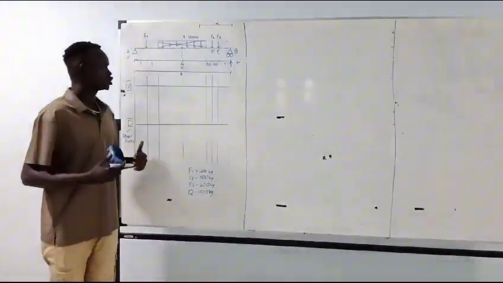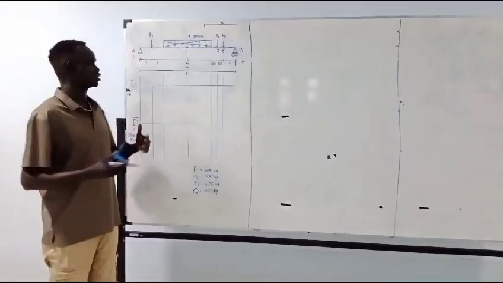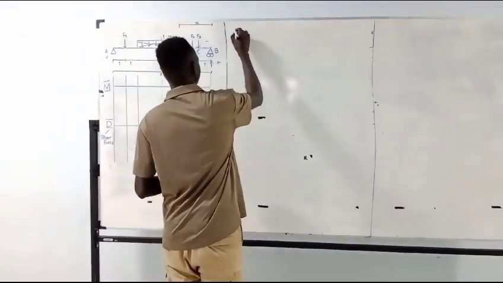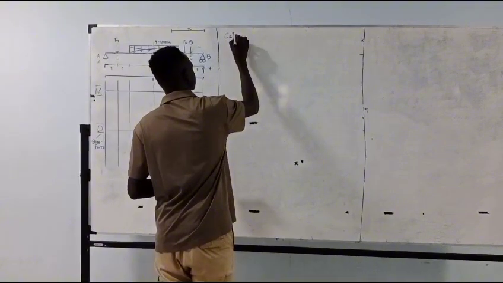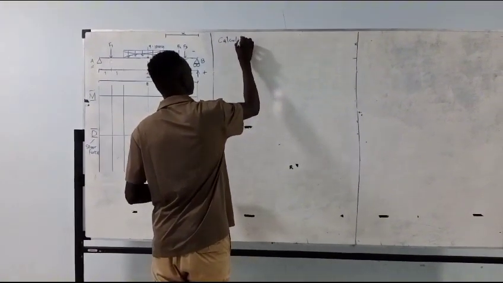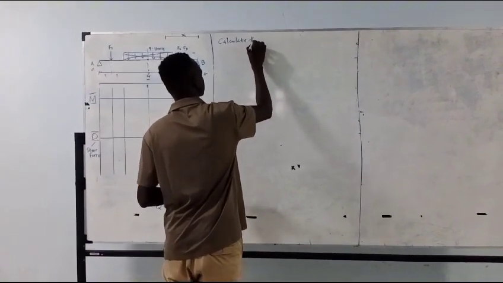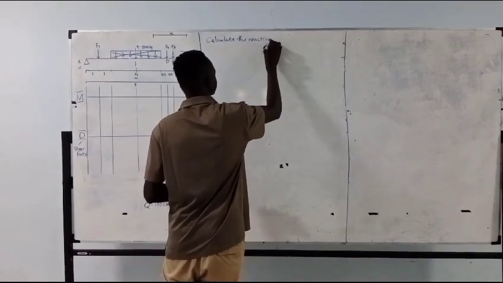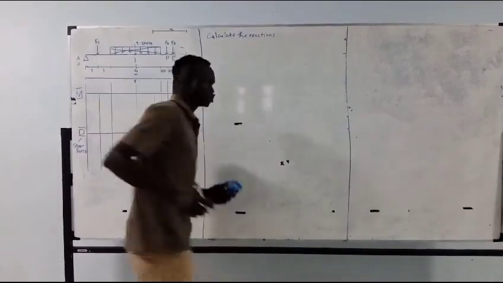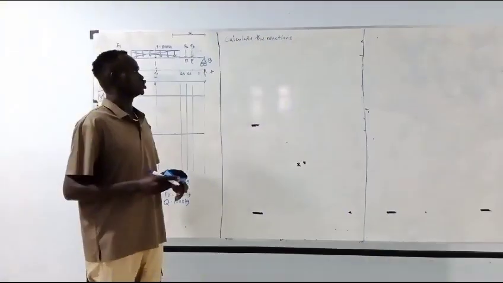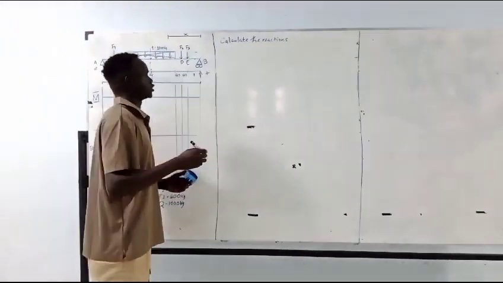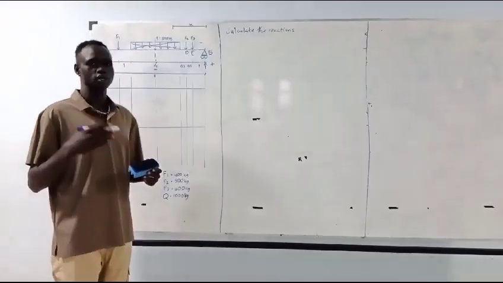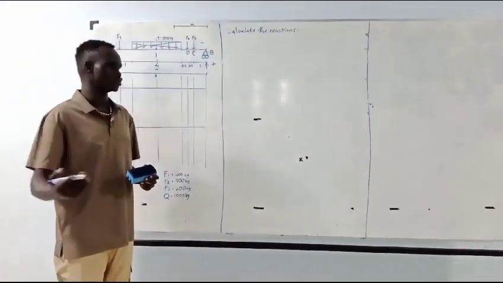So we are going to start by calculating the reactions at point A and point B. When calculating reactions, the summation of moments at any point, either A or B, is equal to 0.